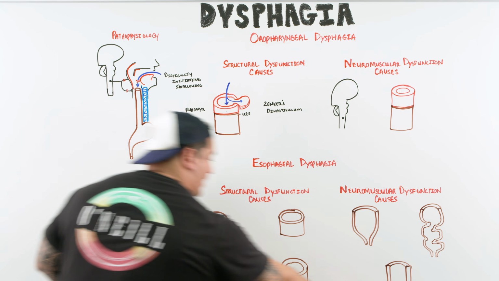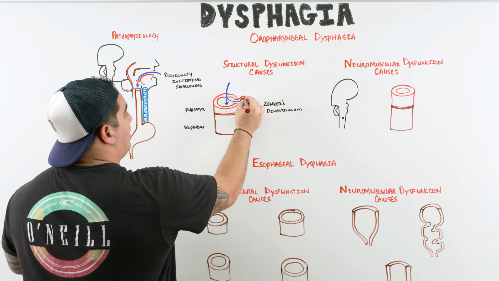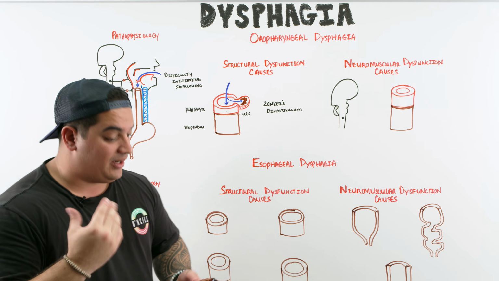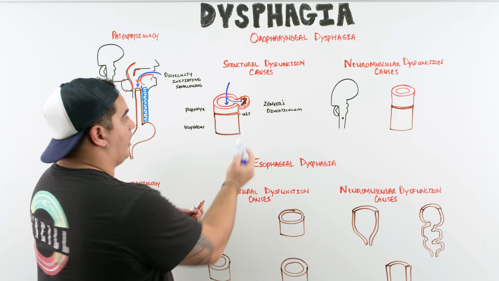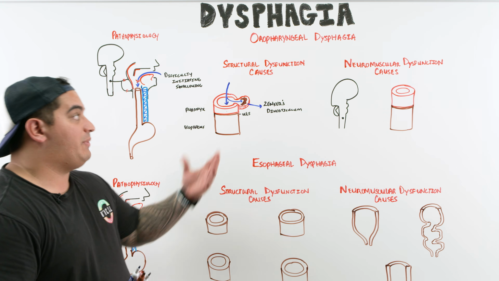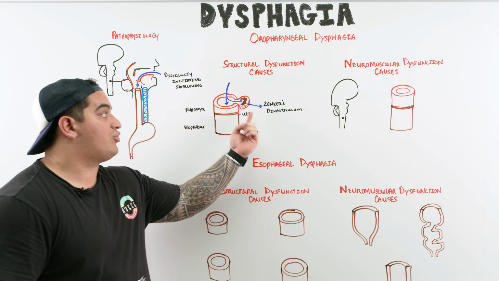And some of it will get stuck, which will represent in this brownish color here. Some of this food will get stuck in here and get metabolized. And this is why these patients oftentimes have a very terrible foul-smelling odor to their breath. But this is one potential cause. One of the reasons why these patients have difficulty swallowing is because of the Zenker's diverticulum. That would be the structural problem here.